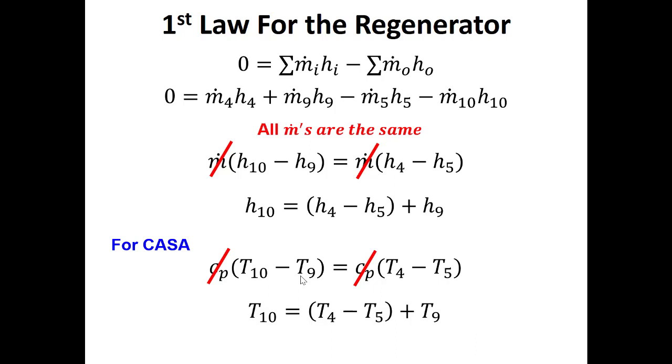So I know that it's been a bit of a slog to go through all of these states. But essentially, what we did was just march through our state table looking for isentropic processes. And in cases where we didn't have isentropic processes, we tried to use information about the regenerator, whether it was the regenerator efficiency to find state 5, or in this case, the first law across the whole regenerator in order to find state 10.